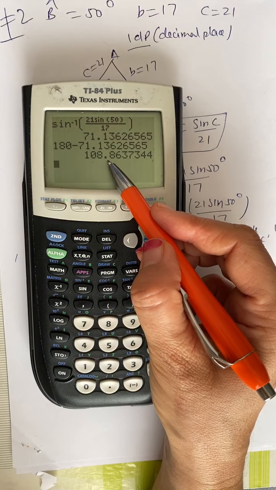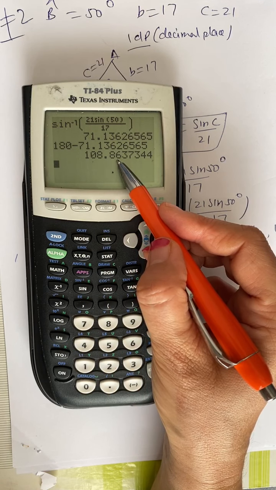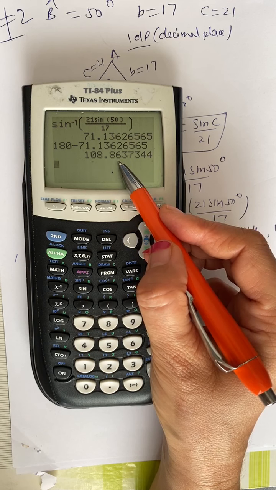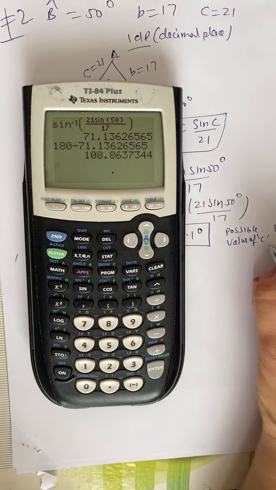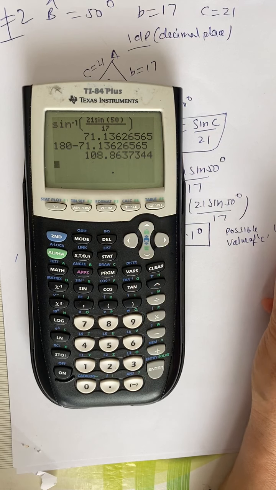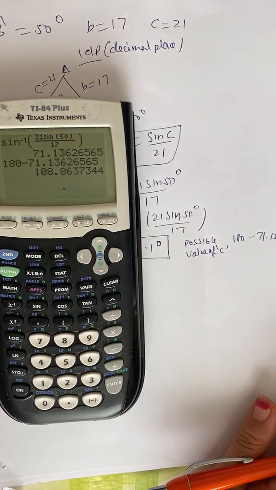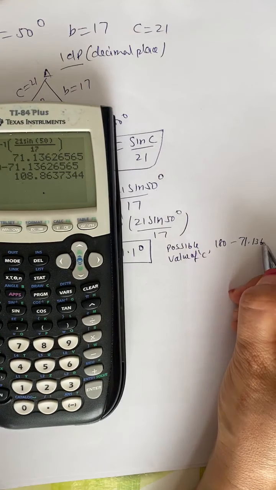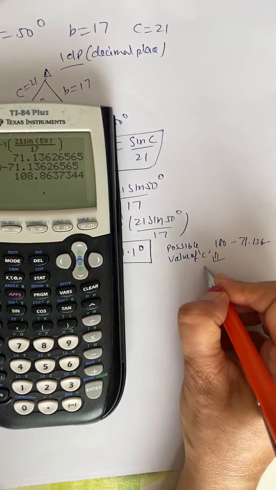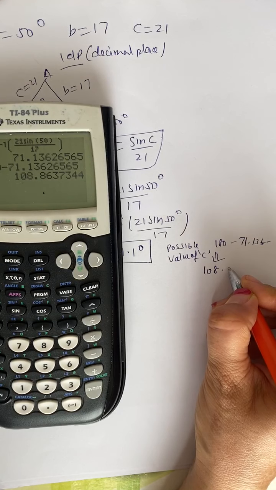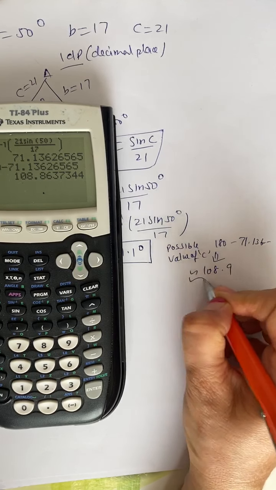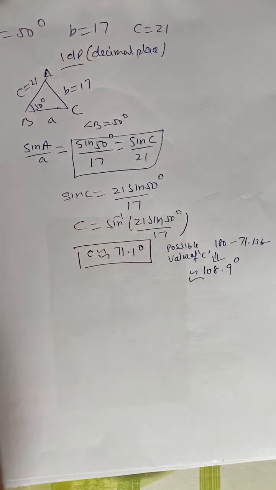The next digit is greater than 5, which means it will be approximately 108.9. So I'm going to write down 71.136, the value which we got here, and then we got this as 108.9 approximately. So these are the values which we got here.